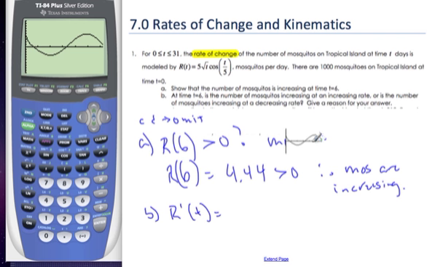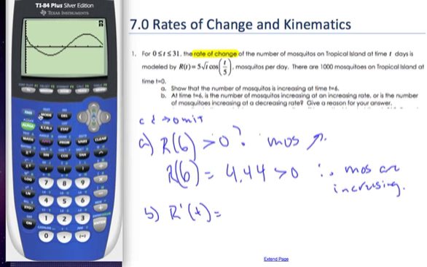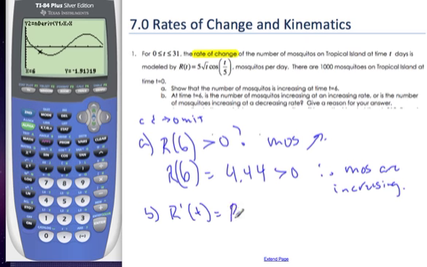So I want to find out at 6, is this increasing or decreasing? Well, if I go trace at 6, I know then that r prime at 6 is equal to negative 1.91.